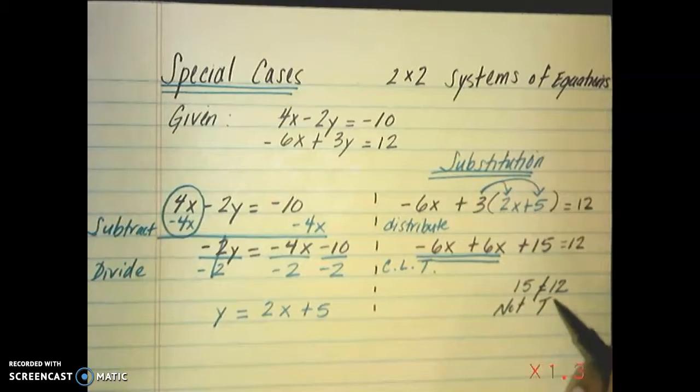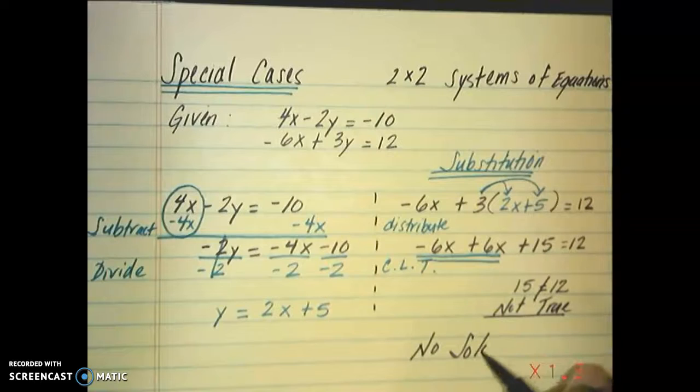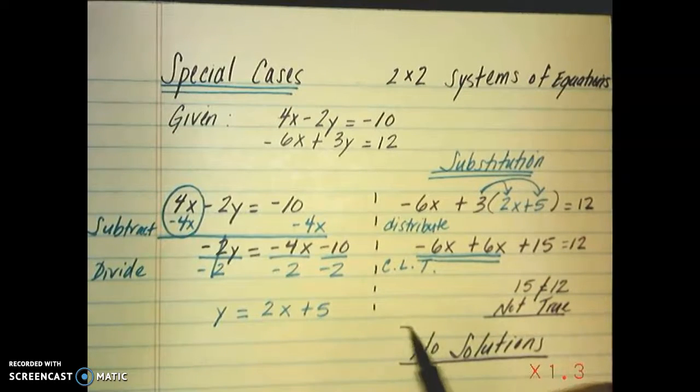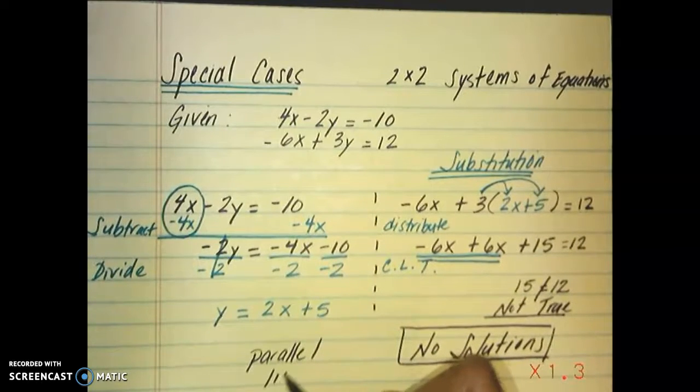This is not true. So in this case, we have no solutions. This would be, if you were going to graph it, a pair of parallel lines. At no point would they intersect.